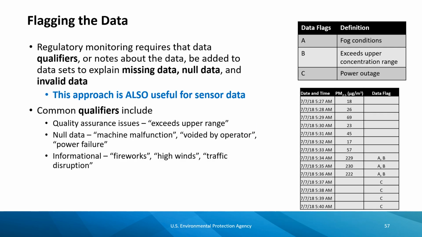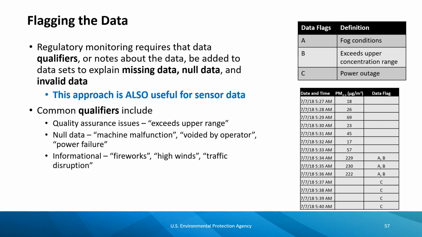Flagging data is a way to tag any abnormalities within the data set. Regulatory monitoring requires that data qualifiers or notes about the data be added to data sets to explain missing data, null data, and invalid data. Common qualifiers include quality assurance flags, such as this concentration exceeds the instrument's upper range.